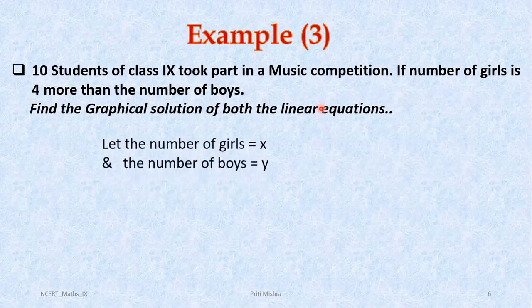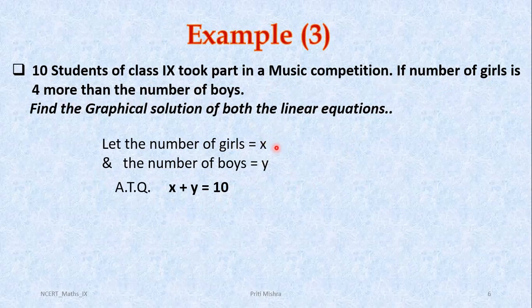So first we need to frame the equations. Let the number of girls be X and the number of boys be Y. Then according to the question, only 10 students are participating in the competition, girls and boys. So X plus Y will be equal to 10. This is our first equation. Then they are saying the number of girls is 4 more than the number of boys.